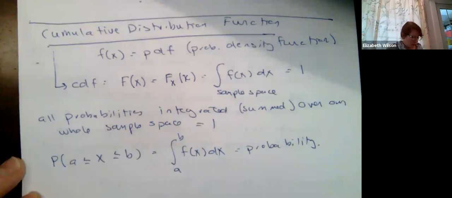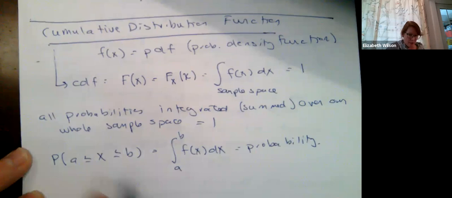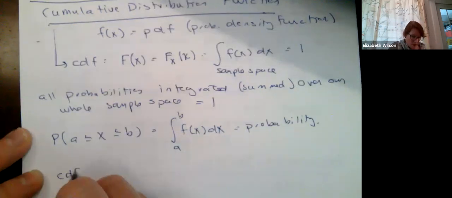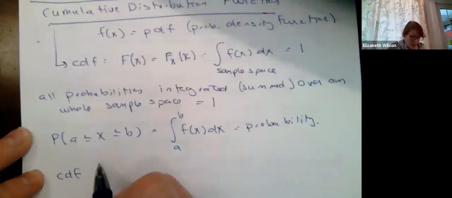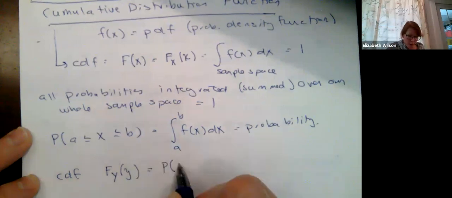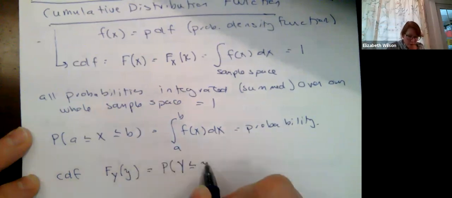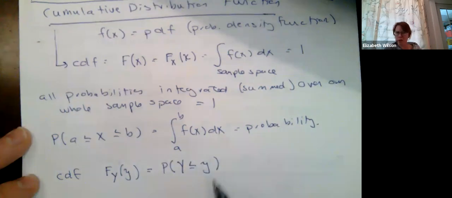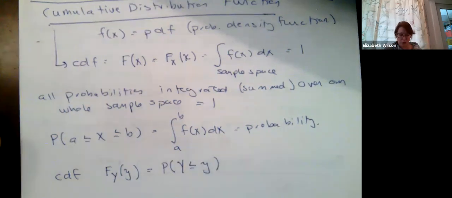All right, and again, I'll summarize it here too. So our cumulative distribution function, I would say my F of, we'll call it y, where y takes on some value, is equal to the probability that Y is less than or equal to some particular value. It doesn't matter, I'm using a different variable just so you can see we can use whichever variable we feel like assigning.